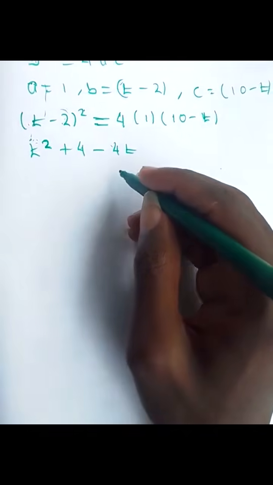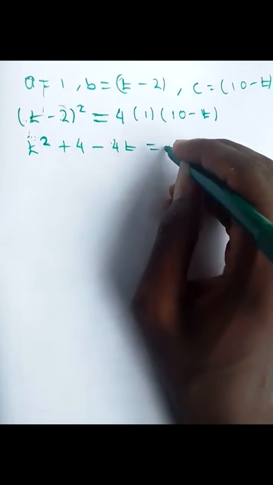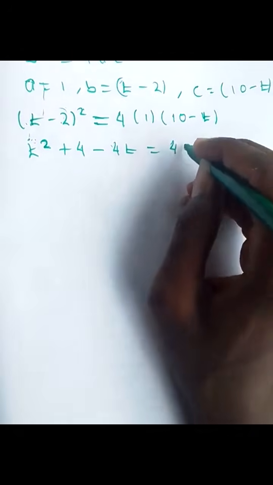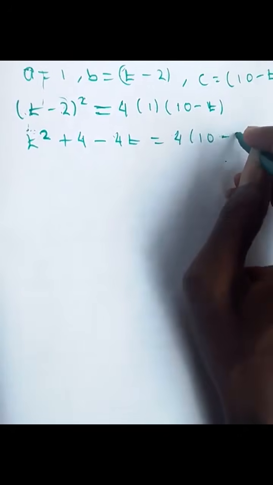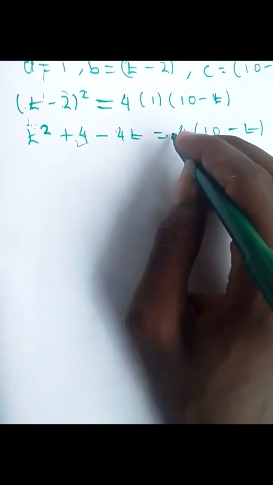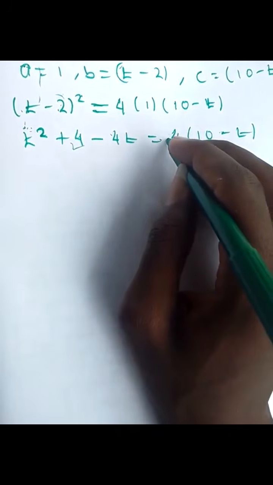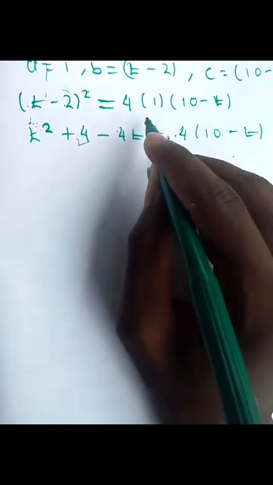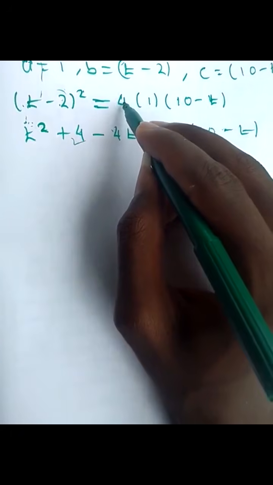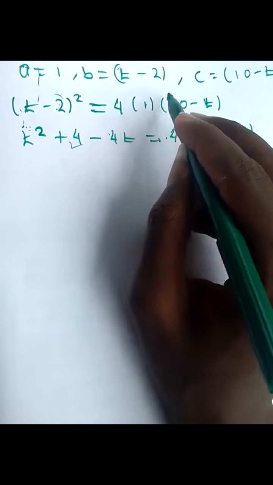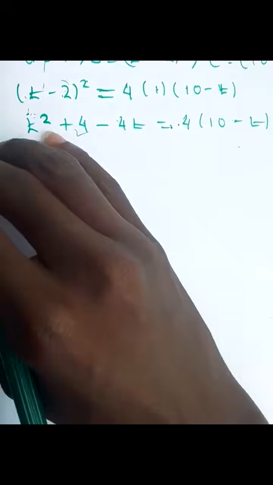Then we say equal to 4 times 10 minus t. Let me just try to double check my work. 4ac. Yeah. Okay, so let's just expand that side.